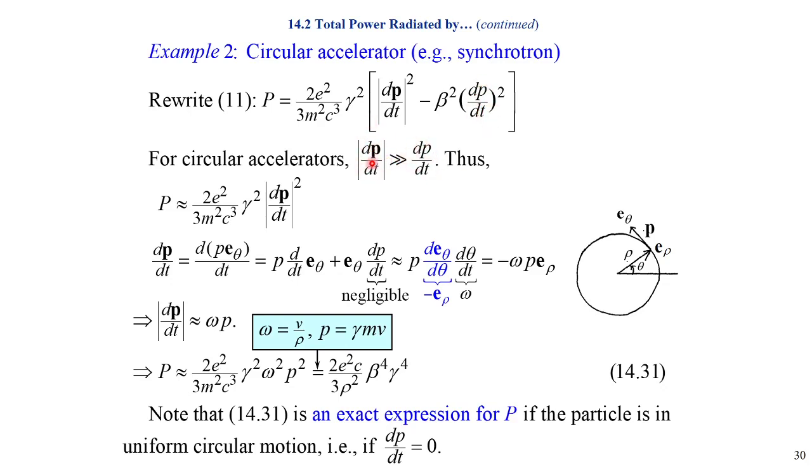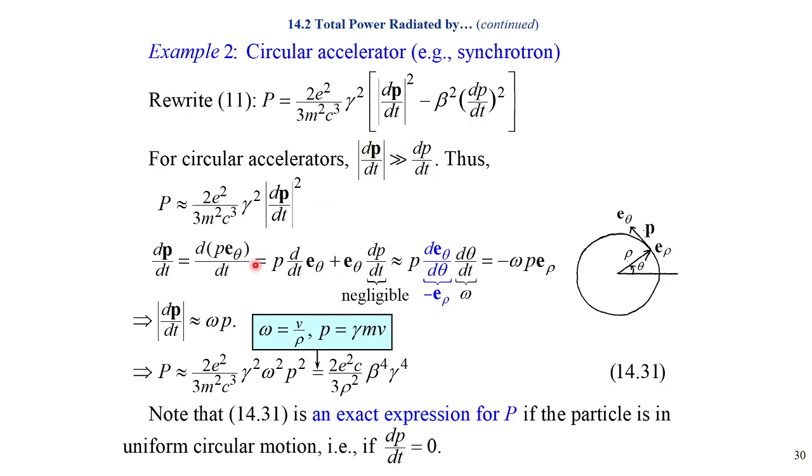This one is the centrifugal force, so this one should be much greater. This one is circular motion, and P will be almost constant. We just change the directions. For a circular accelerator, this term is very small and this one, the centrifugal force, is much larger. So we consider this term only.